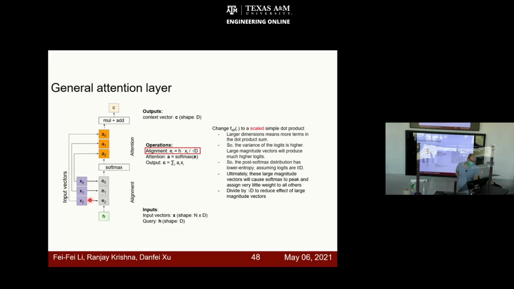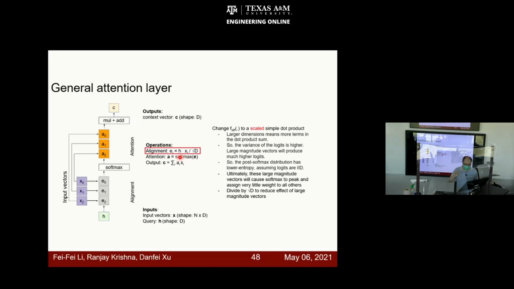A small change here is that instead of using the simple dot product, I'm going to use a scaled dot product, meaning I divide the dot product by the square root of the dimension, right? There are a couple of reasons for doing that. First of all, if you think about the softmax, it has the exponential of one term divided by the sum of the exponentials of many terms.